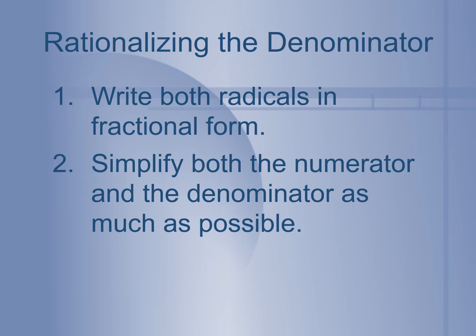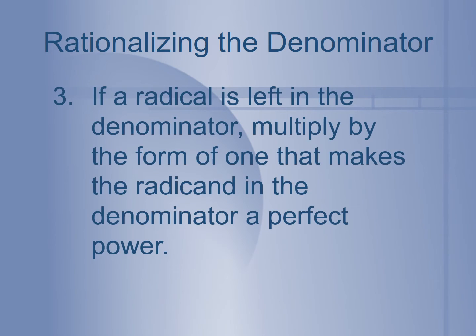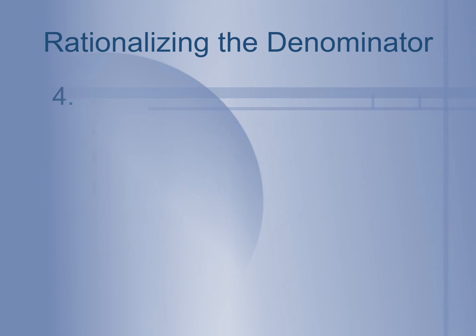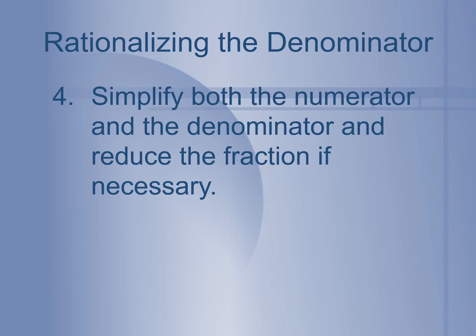So for example, 2 over 4 will become 1 over 2. Once you've done that, if you have a radical that is left in the denominator, multiply by the form of 1 that makes the radicand and the denominator a perfect power. And then simplify both the numerator and the denominator and reduce the fraction if you need to.